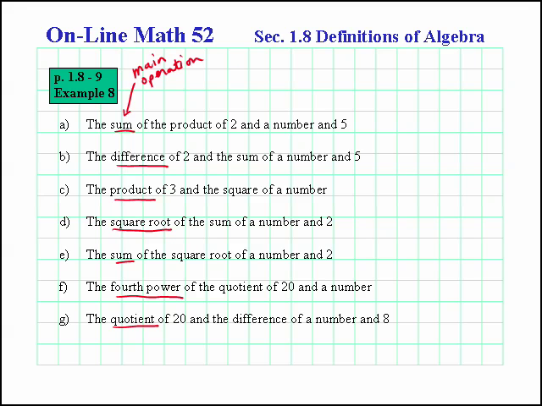What that means, this is challenging stuff, I'll admit, but hang in there with me, is this: the sum of the product, we're going to have addition here. One thing plus another. The difference of something, a minus. Product of, times, that's what product is. Square root of something. Square root, main operation. The sum of two things. The fourth power of something. That's an exponent there. The quotient of something.